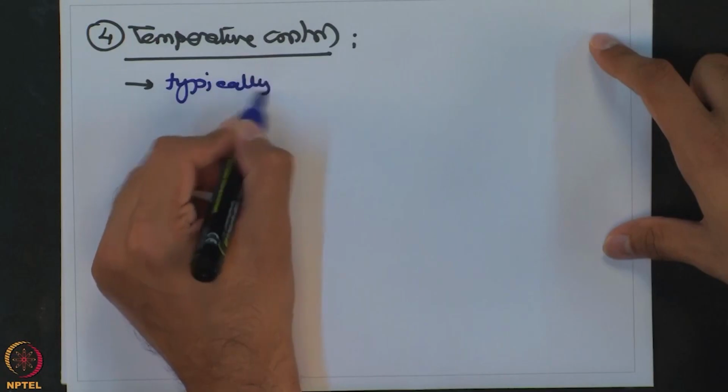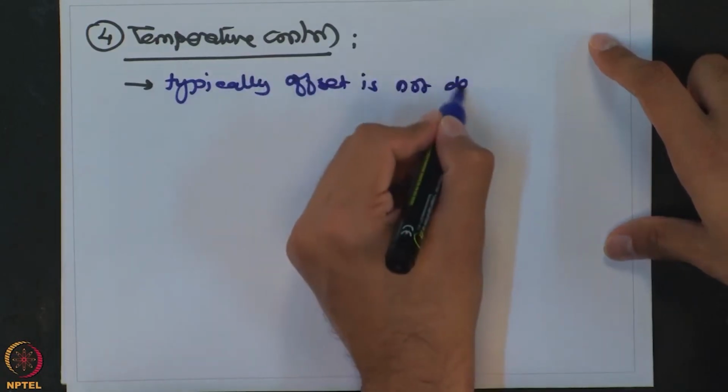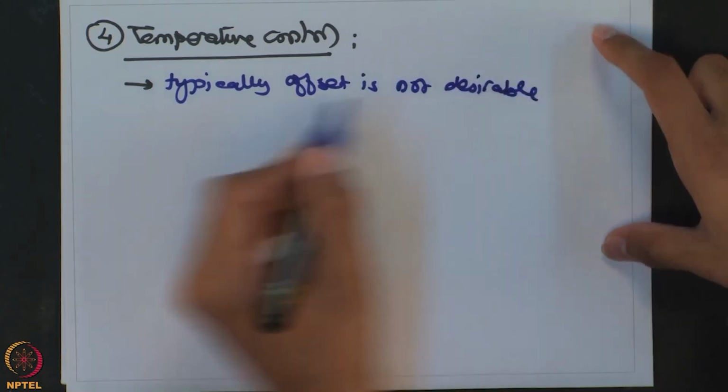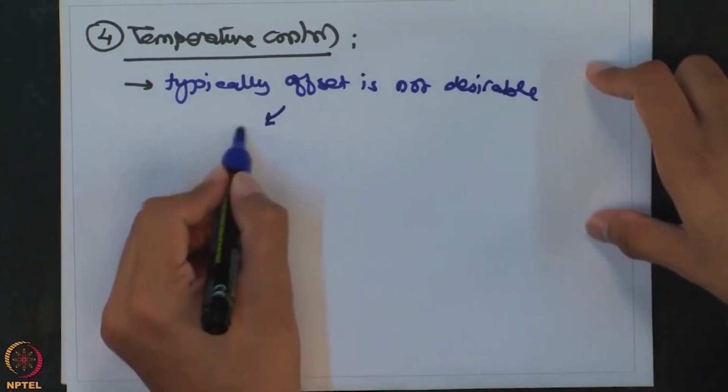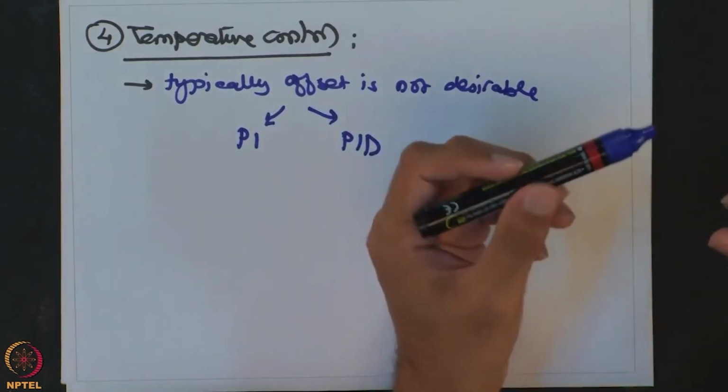So typically offset is not desirable. You have two options, one is PI or PID, and again we try to follow similar rules. If the inherent process is fast, you will try to go with a PI controller. If the inherent process is slow or multi capacity, then we will go with a PID controller.